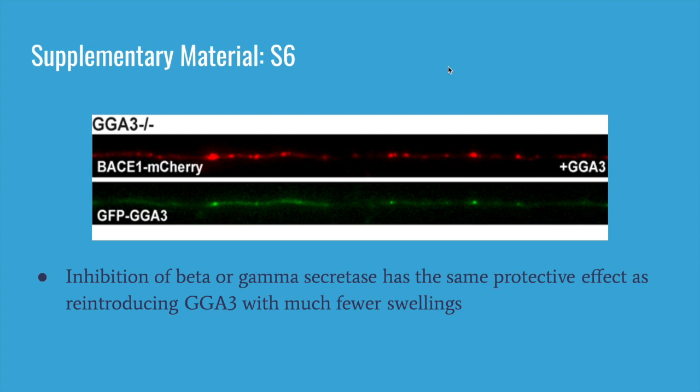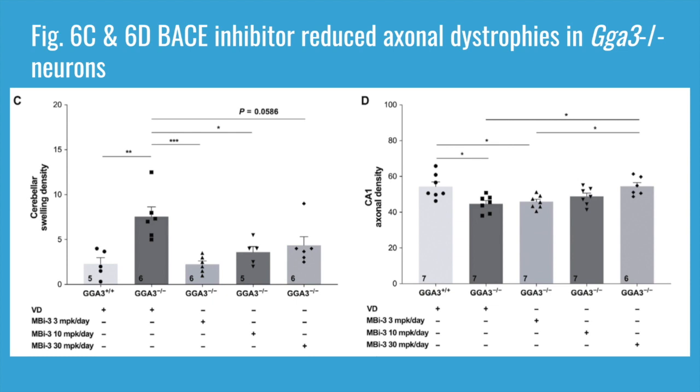And then for the second part of figure 6, a little different from before, here we are looking at mice that either have GGA3 or GGA3 deletion, and they wanted to test how BACE inhibition would impact the axonal dystrophies in the GGA3 neurons. So the way that they did this was they took 2-month-old mice and they fed them a diet with either a control diet, so no BACE inhibitor in it, or a diet with MBI, which is a Merck BACE inhibitor.